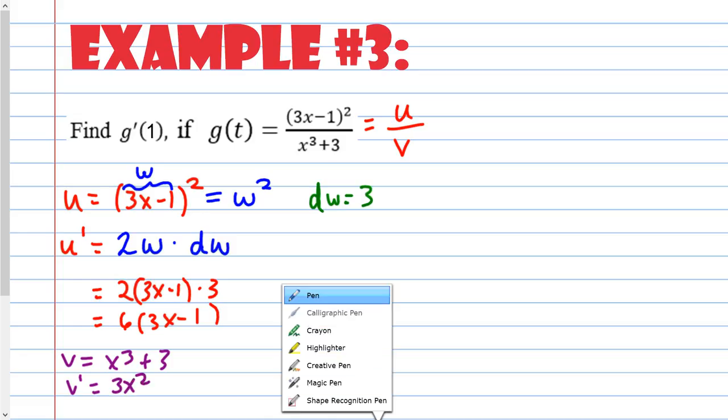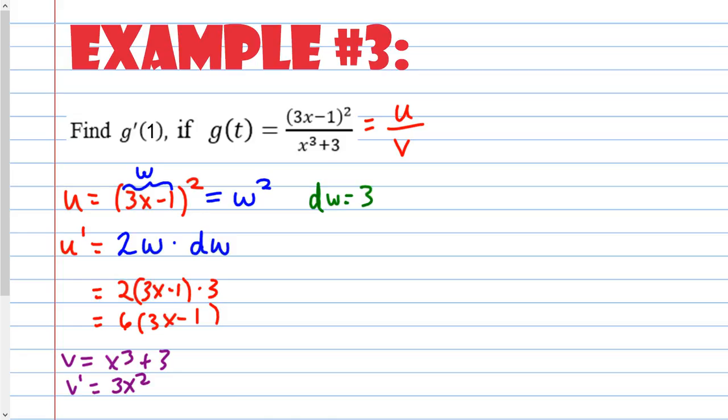I have all my pieces once again. Let's see, let's highlight. I have V, I have V prime, I have U. U is just 3x minus 1 squared. And then U prime is going to be this right here, 6 times 3x minus 1.